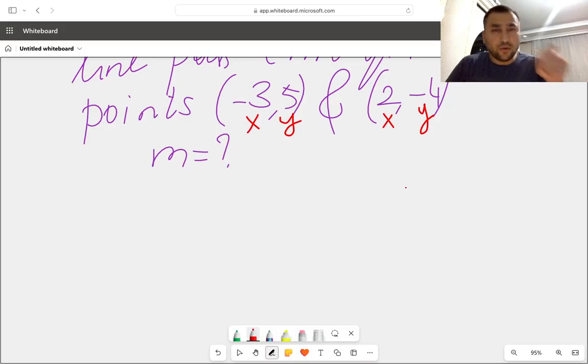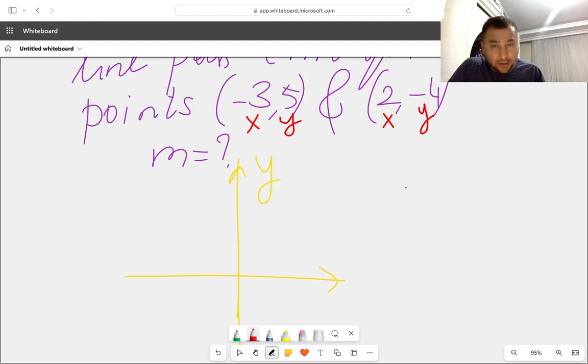I'm going to show you this in the coordinate plane. Let me change color. So this is x and this is y. Why am I using yellow? Because I hope you will see the points clearly.